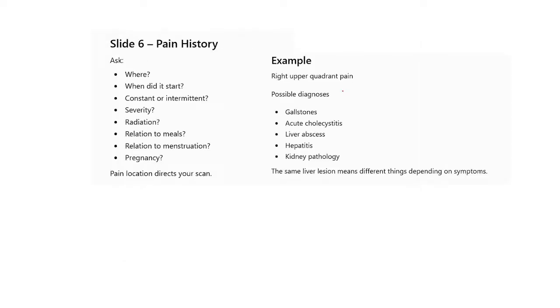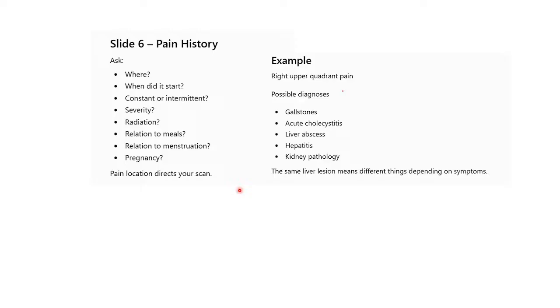Pain history. Ask where it started, whether it is constant or intermittent, the severity of the pain, radiation, relation to meals, relation to menstruation, and relation to pregnancy. Pain location directs your scan.